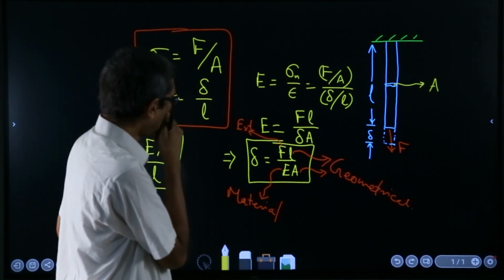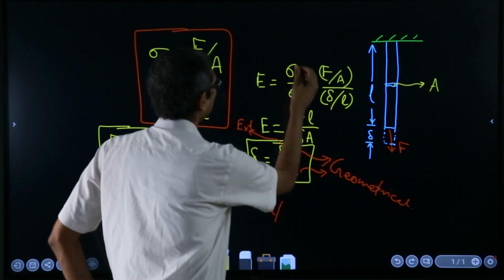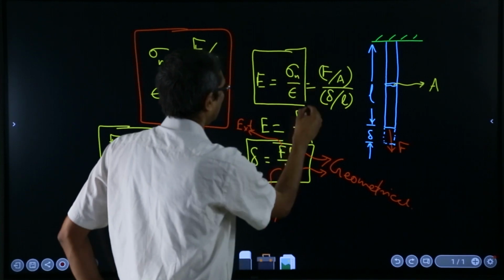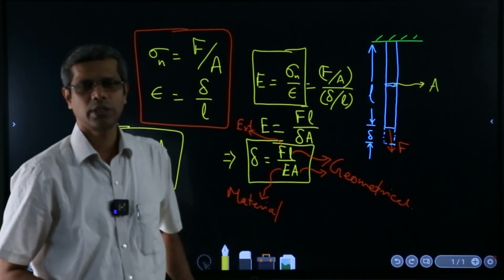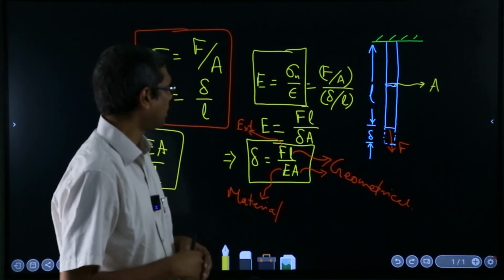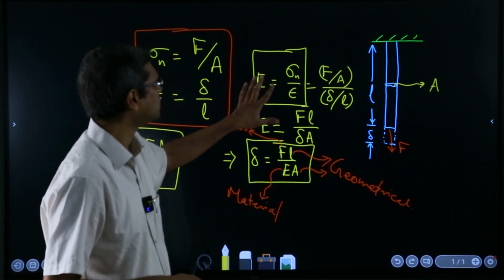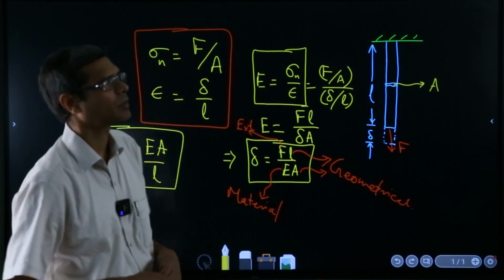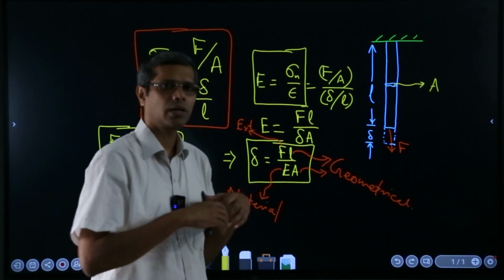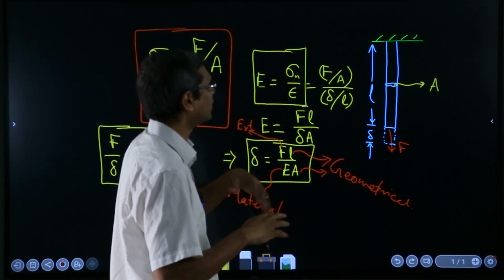Now, here I want to make one point clear. We defined Young's modulus to be the ratio of the stress to strain, but when we did that, it is not a correct statement without any constraints.